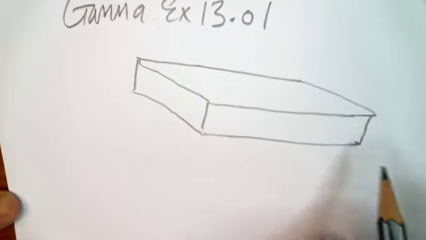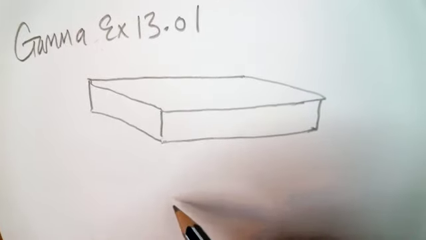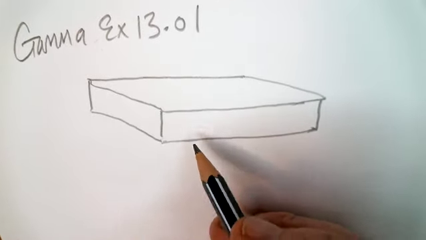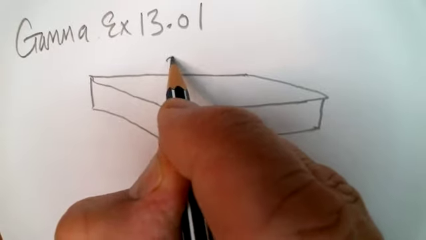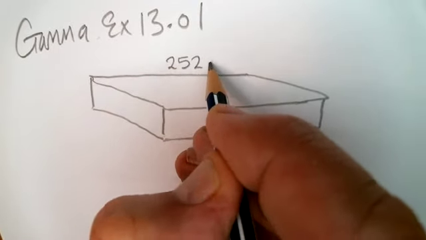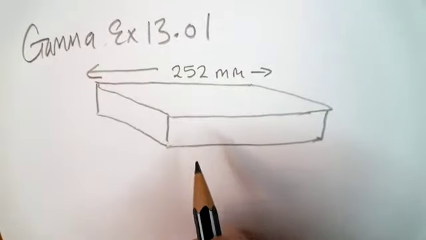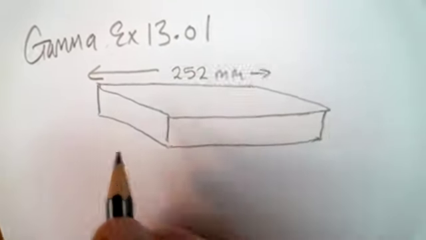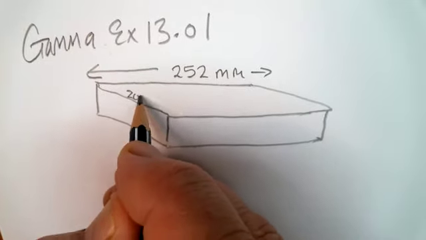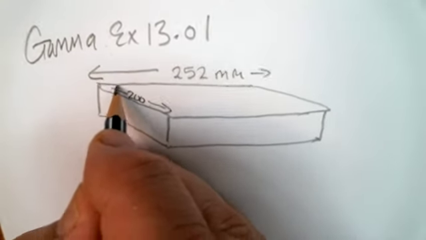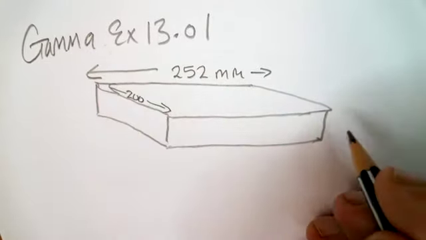The reason I'm drawing 1 is we're going to imagine we have 10 of these. This is 252 millimeters, and it's quite useful to mock these up so you can see visually what they might look like. This is 200 along here. I won't put the units in because it'll get very messy.